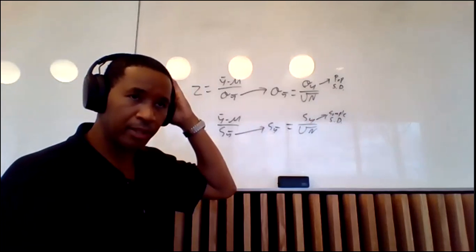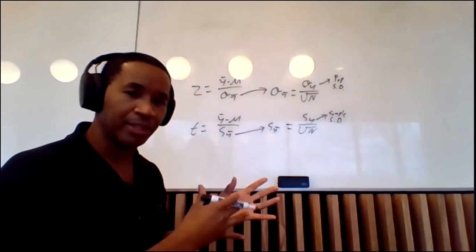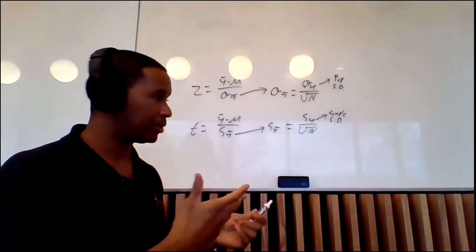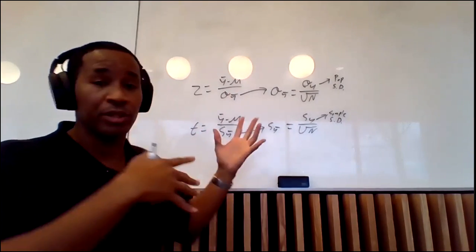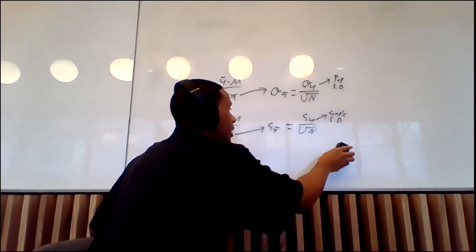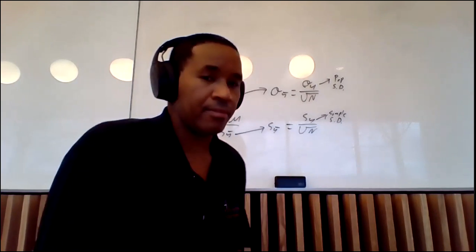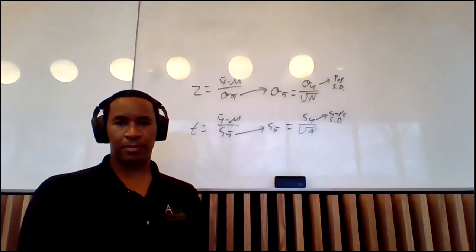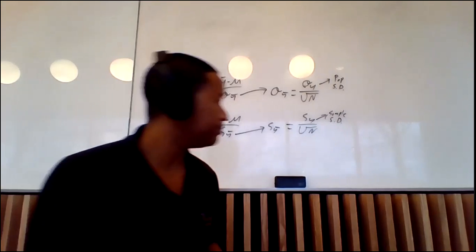That's kind of what you need to know about using the t statistic, or the t obtained, versus the z statistic of the normal distribution. And obviously in this situation, we'd be using the t distribution as opposed to the normal distribution as well. Anybody have any questions about this? Okay.